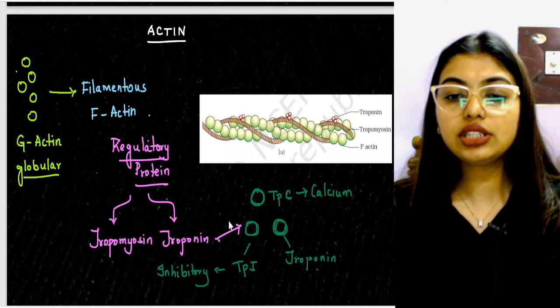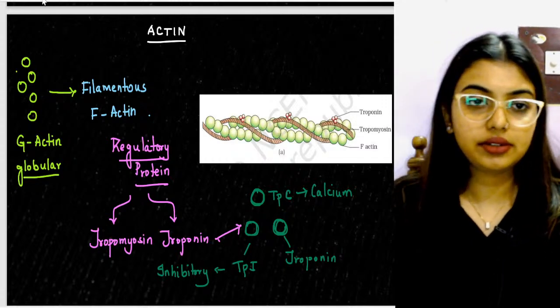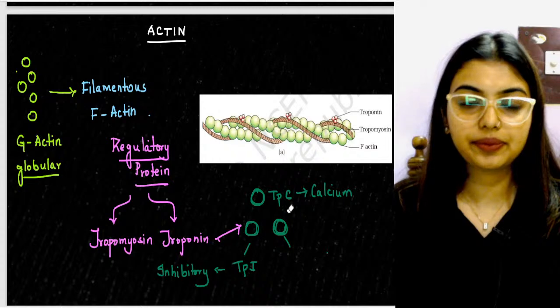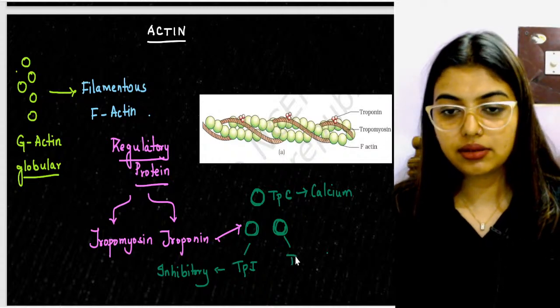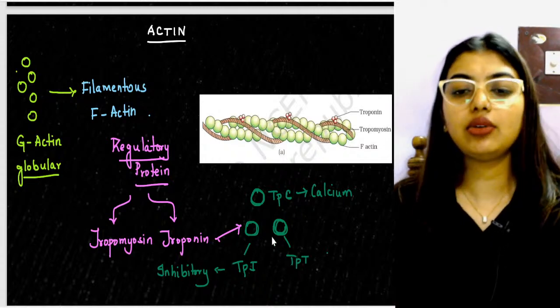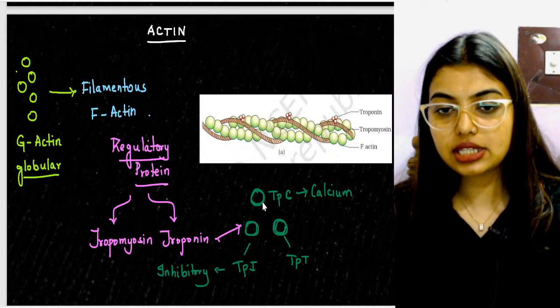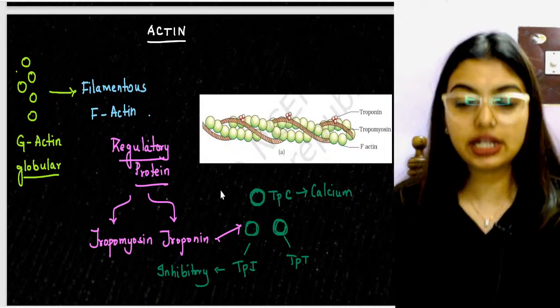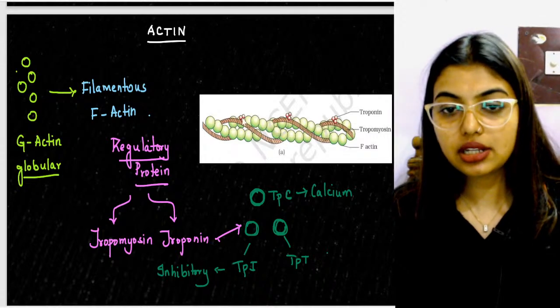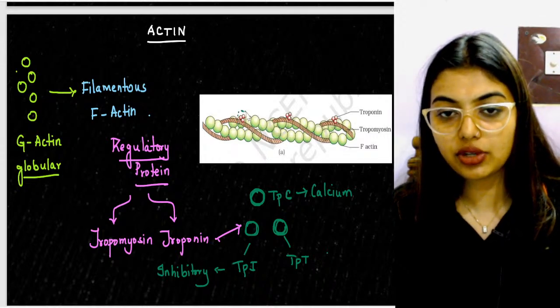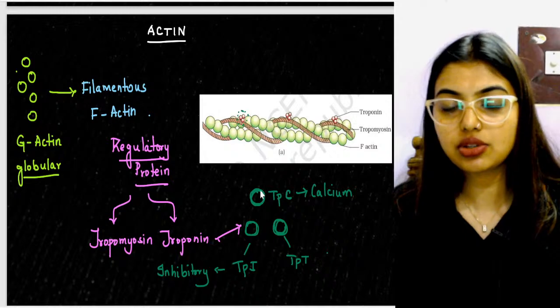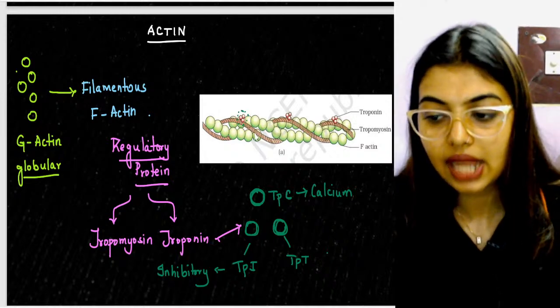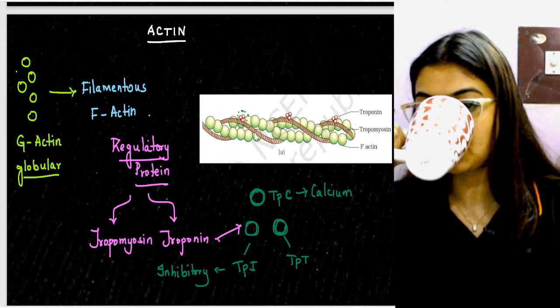Now students, remember this. This calcium-binding TnC is very, very important, I'll tell you why. Now, is the actin diagram clear? These are your troponins, 3 units you can see. Each unit has one name.